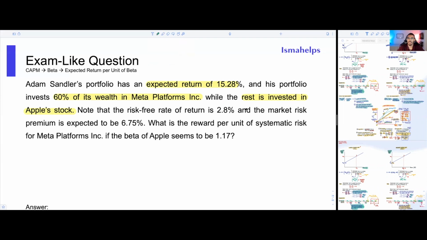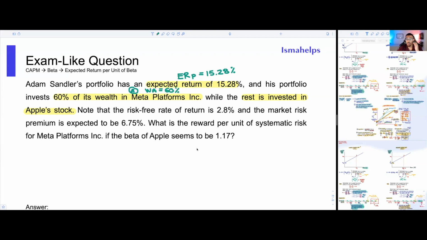We're telling you that the expected return on Adam Sandler's portfolio, so we're going to write it like this, is equal to 15.28%. And 28 is such an awesome number. His portfolio invests a portion of it in, we're going to call it asset A, so Facebook or Meta Platforms. We're going to call the weight invested in A equal to 60%.